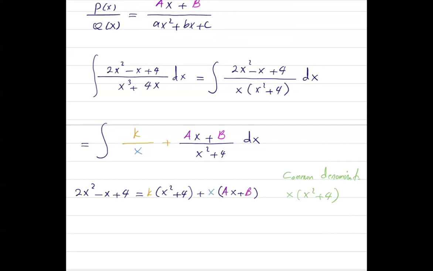Very good. Now distribute k into parentheses, distribute x into parentheses to find the values for a, b, and k. On the left-hand side, you have 2x squared minus x plus 4. On the right-hand side, you get kx squared plus 4k plus ax squared plus bx.